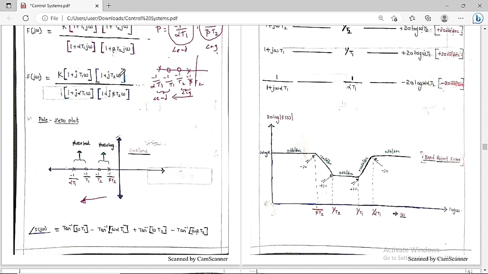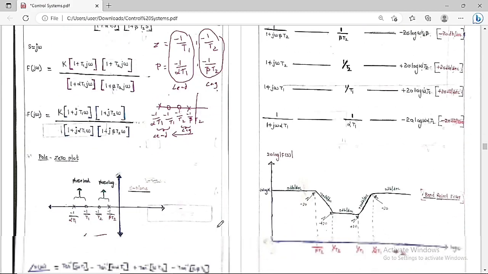These two are positive angles, so they get added. These two are also angles that get added, but going upward it will become negative. So the overall phase angle is tan inverse of omega T1 minus tan inverse of omega alpha T1 plus tan inverse of omega T2 minus tan inverse of omega beta T2.